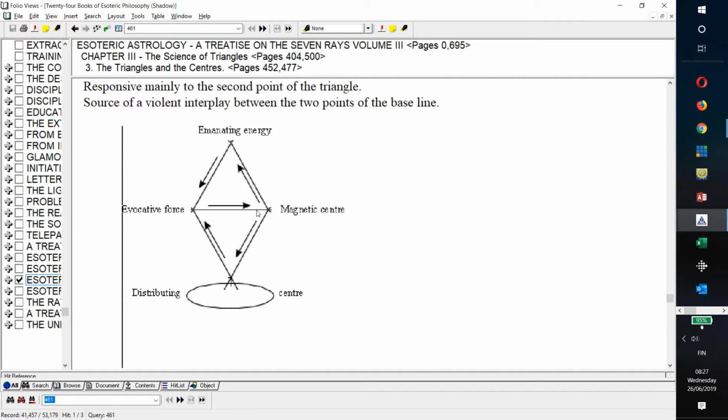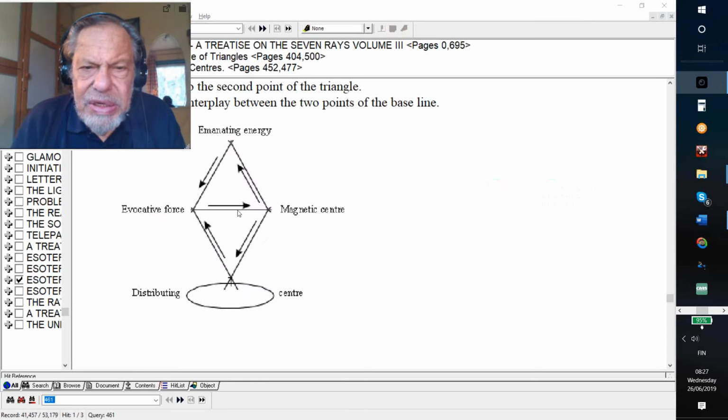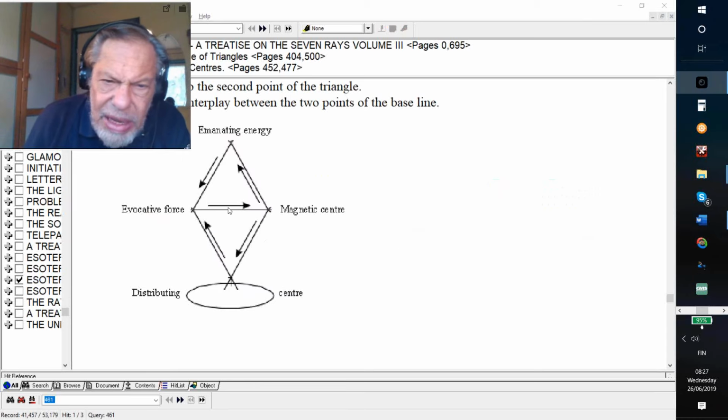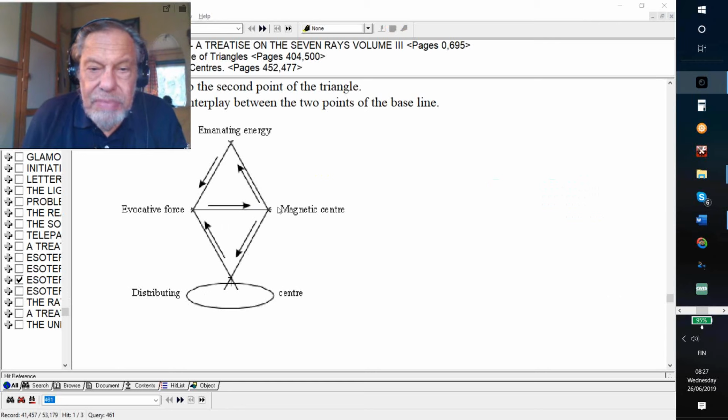I guess the thing to remember there is that they have a different form of expression the second time around, when the energy returns to them, but from a different direction.